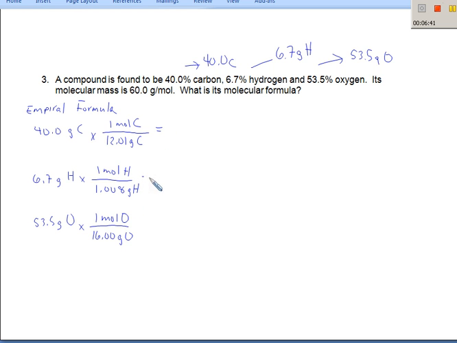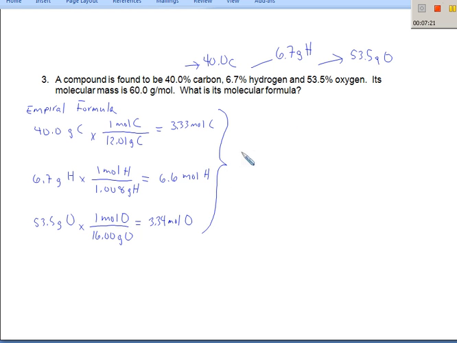If you plug these into your calculator, you'll get the moles of each element. So we have 3.33 moles of carbon. We have 6.6 moles of hydrogen, and we have 3.34 moles of oxygen. We're going to take all of these and we're going to convert them into subscripts.